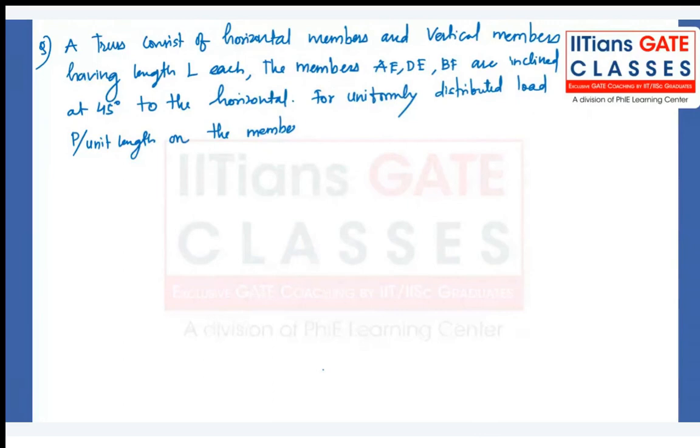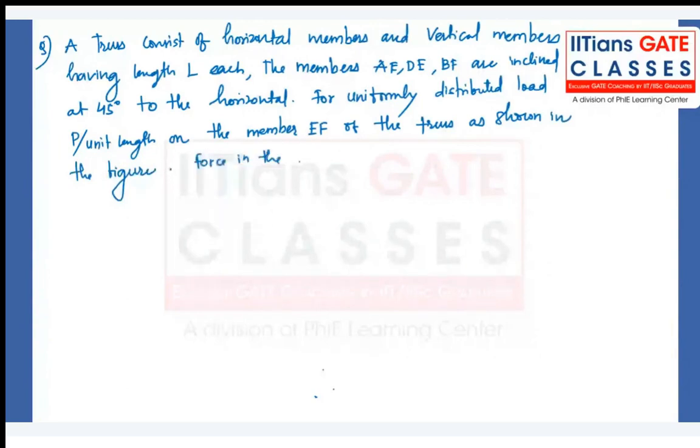So on the EF member, we have a uniformly distributed load P per unit length of the truss as shown in the figure. The force in the member CD is. This is the question.